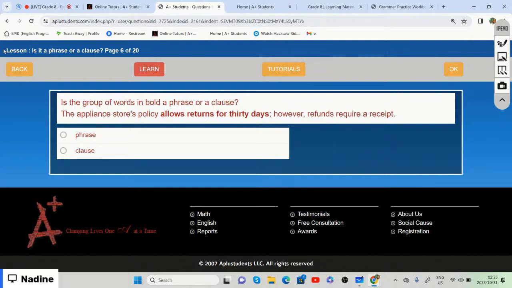So the appliance store's policy allows returns for 30 days. However, refunds require a receipt.